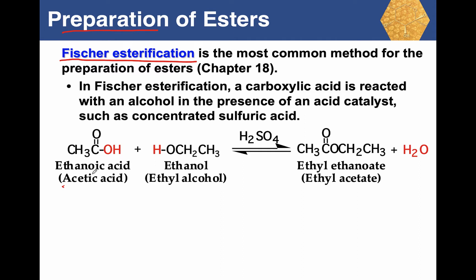So here's a specific example. Ethanoic acid, here's the acid, with an alcohol, in this case ethanol, and of course the reaction here takes off water. Here's the water over here, and we have this ester functionality. So this is ethyl ethanoate because 1, 2.